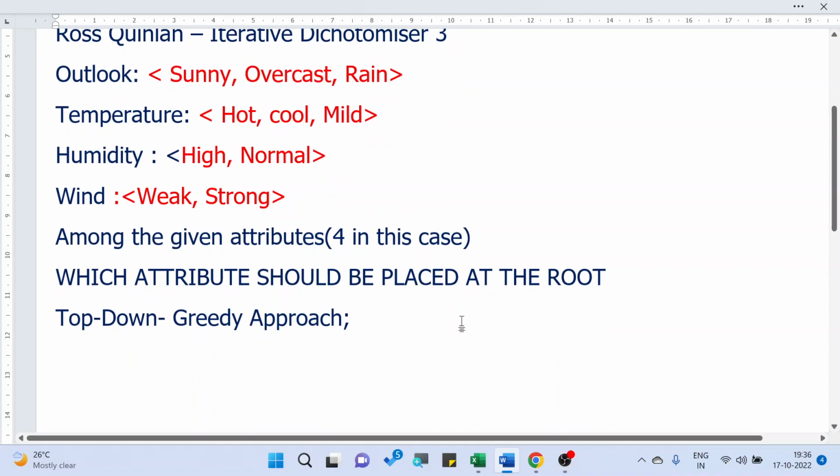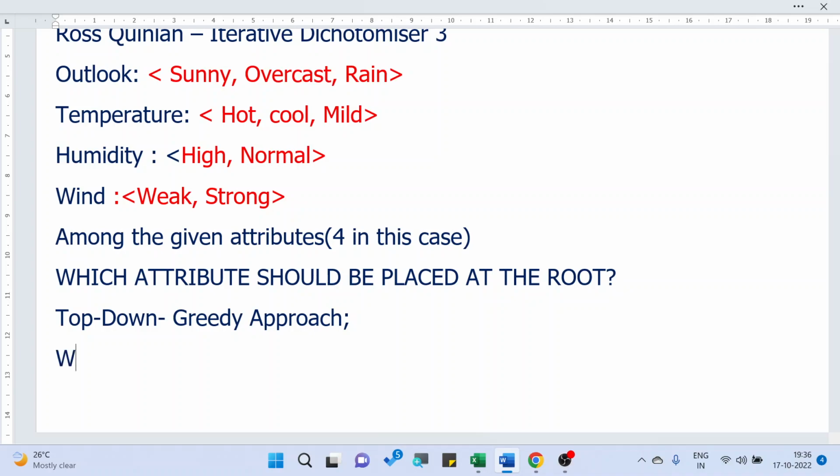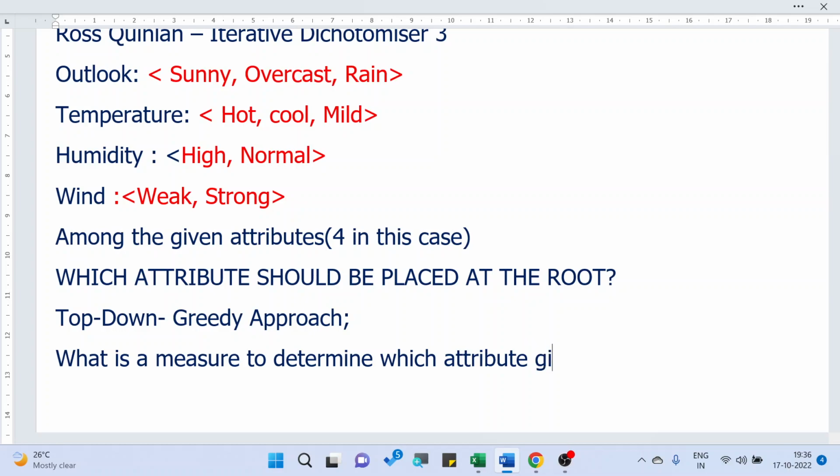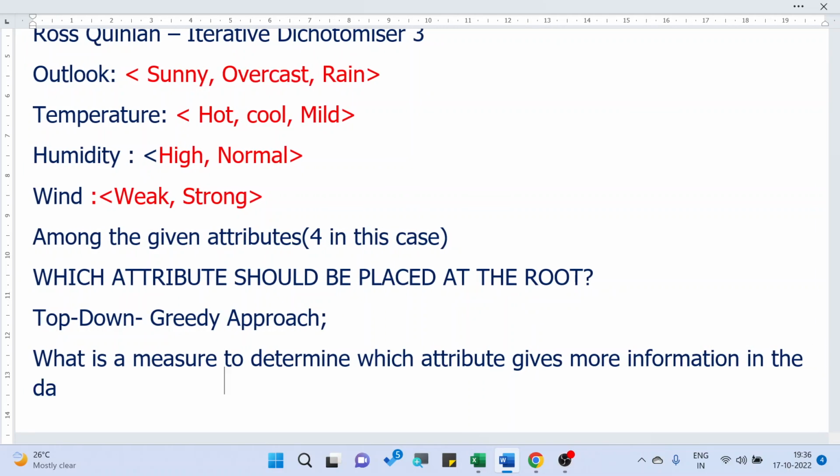So the question is, which attribute among them is more important, more prior? What is a measure to determine which attribute gives more information in the data?